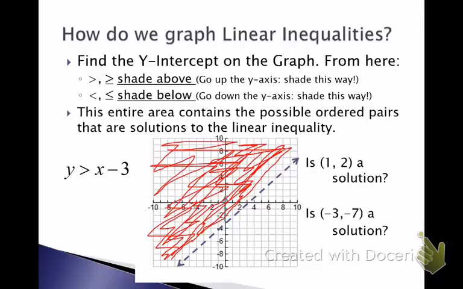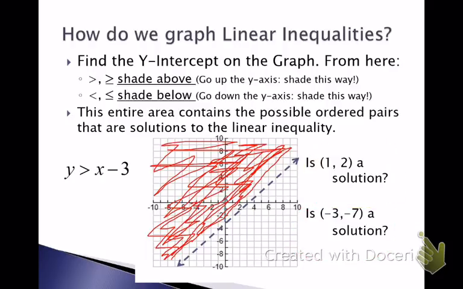I like the check a solution method. Okay? And there's a question over here, is 1, 2 a solution? Is -3, -7 a solution? We can actually use the graph to figure that out.